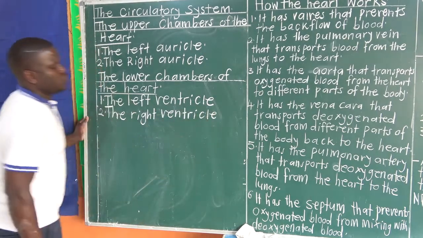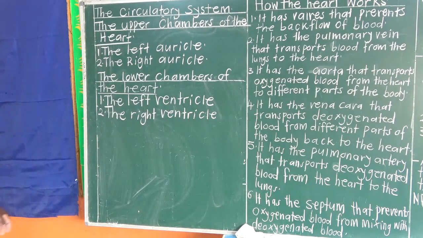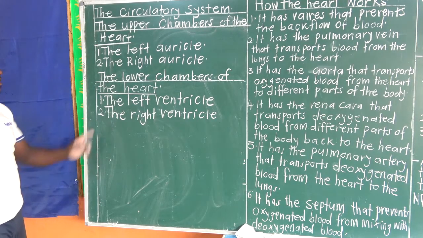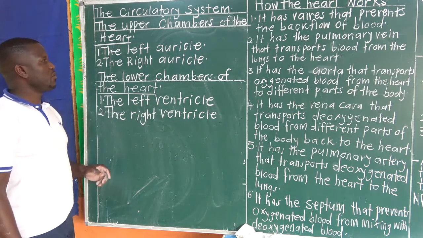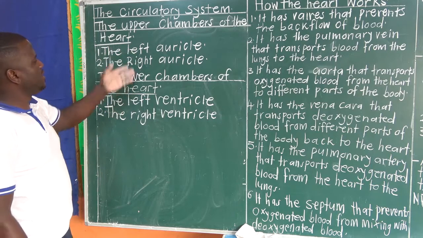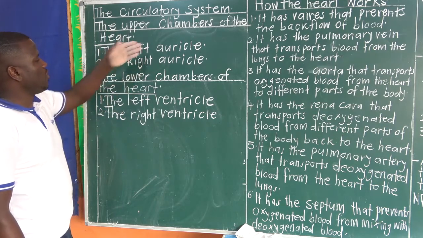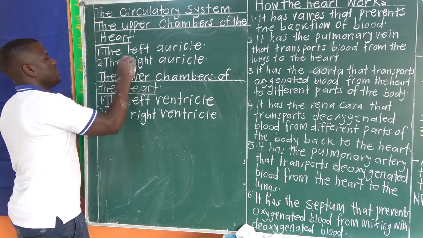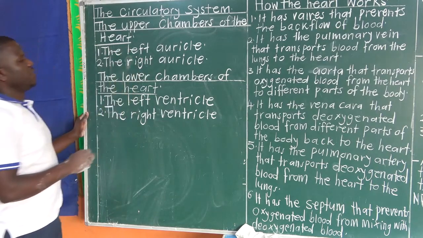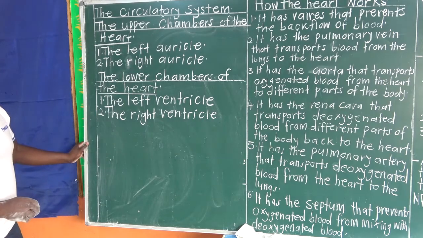These are the two lower chambers of the heart. Then the upper chambers of the heart are the left auricle and the right auricle.